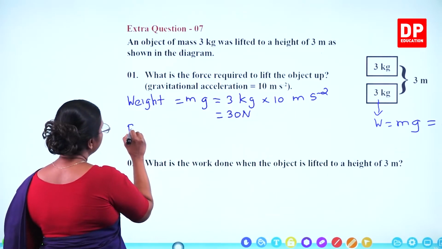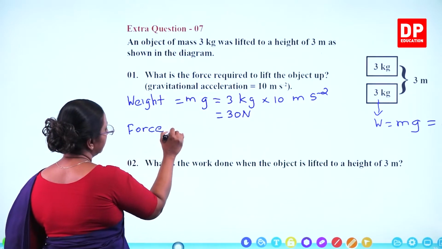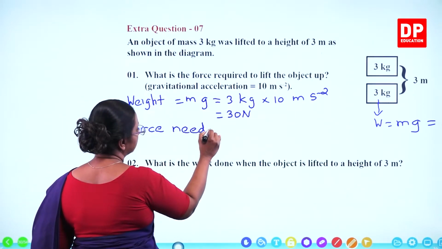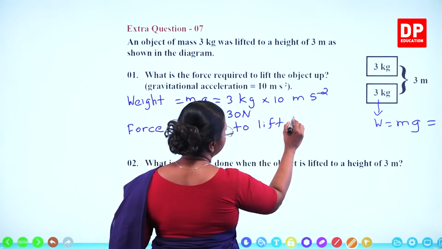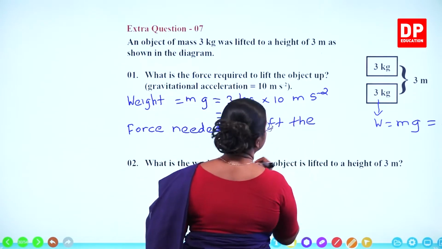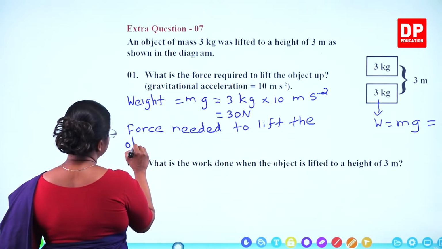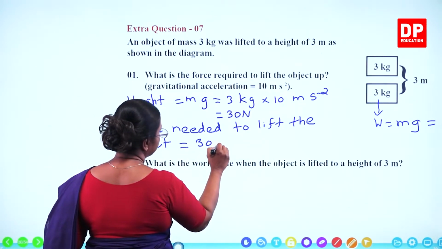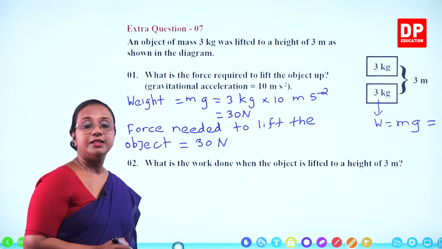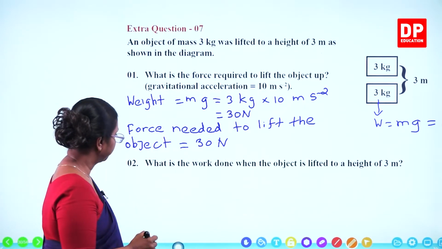So force needed to lift the object is equal to 30 Newton. That is the force required.